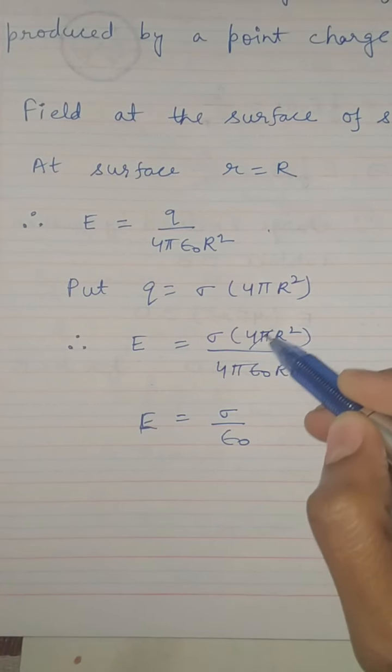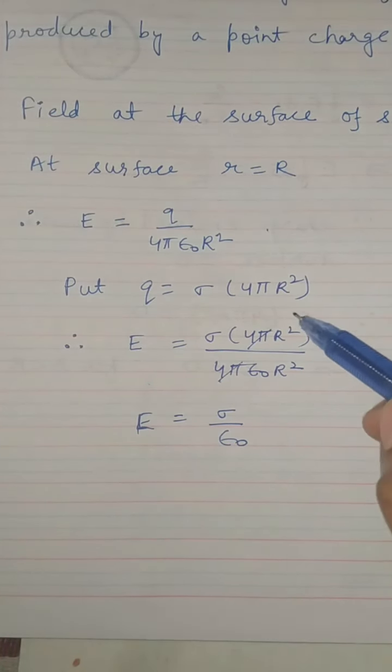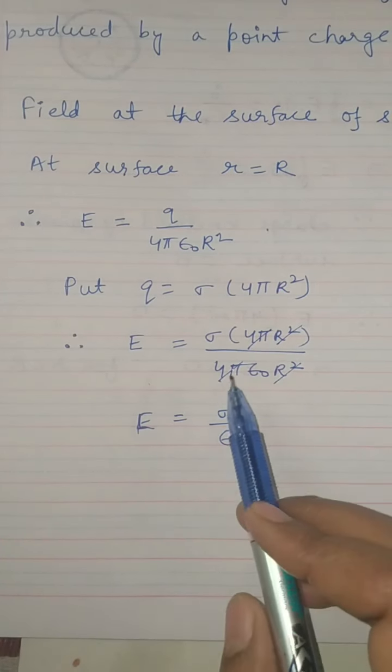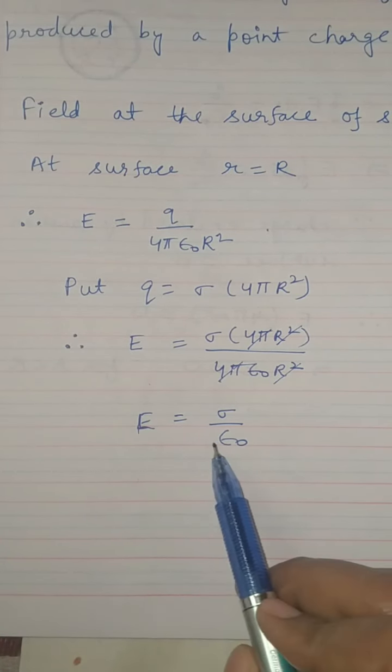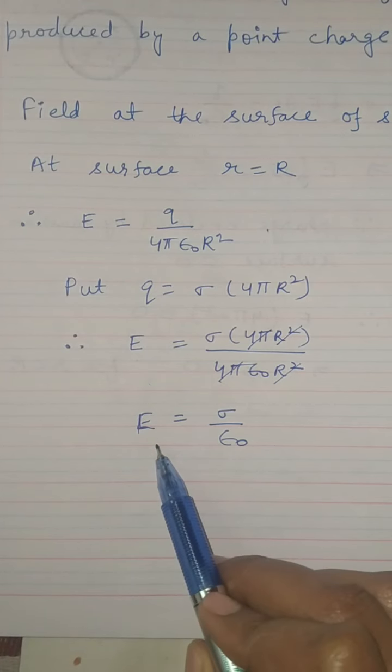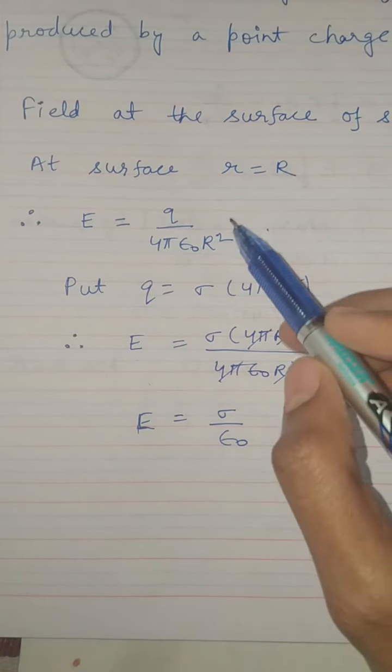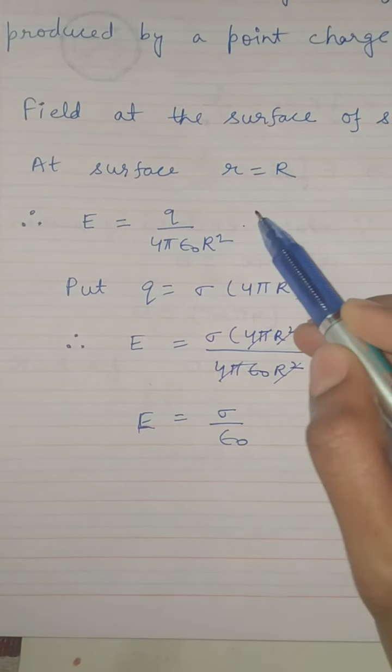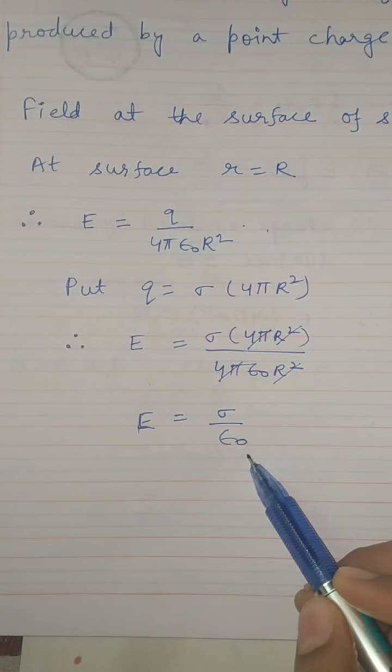So 4 pi will cancel out, r square also. So simply we will get electric field is equal to sigma upon epsilon naught. This is the value of electric field at the surface of the shell. We can write it in this form as well as in this form.